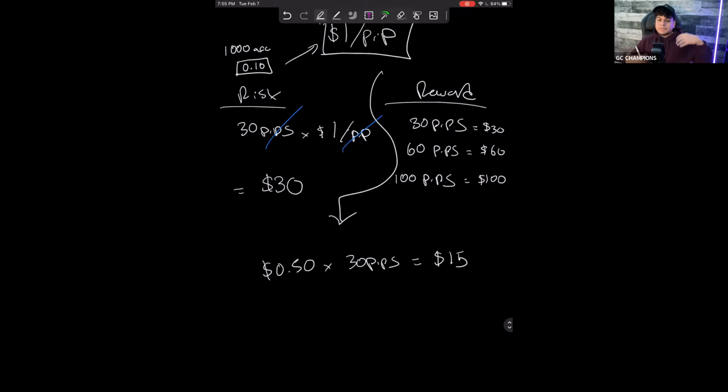So now you understand, if you were having a smaller account, you're going to lose less. If you have a bigger account, you're going to lose more. Conversely, my reward will be higher if I'm playing with a bigger account. The smaller the account, the smaller the reward.